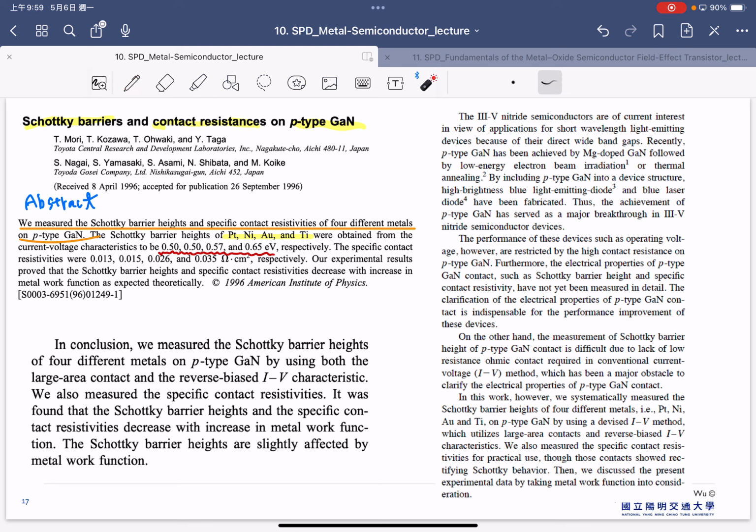The next step is that he wants to extrapolate the specific contact resistance, which will be this here. I think the title of this literature already reflects what the content of this paper is. The title mentions that he tried to study the Schottky barrier height and the contact resistance.